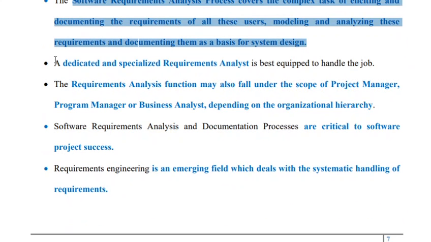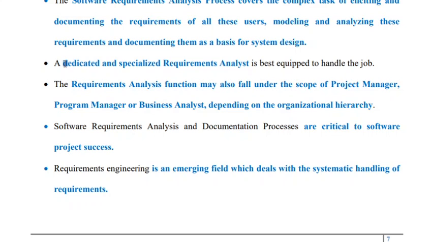Now, in order to ensure that we execute the requirement analysis phase in a very effective manner, we need a very skilled requirement analyst. A dedicated and specialized requirement analyst is best equipped to handle the job.